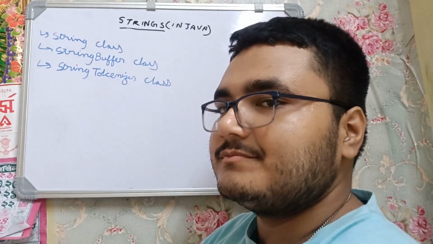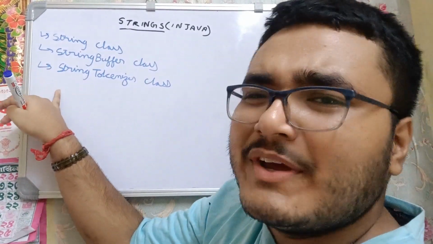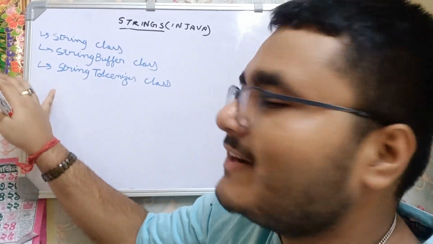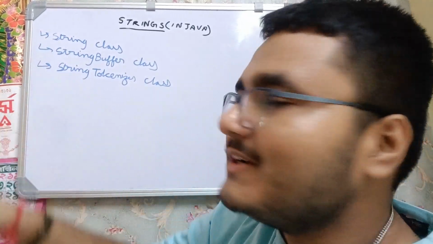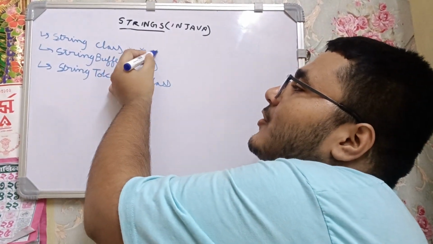Fine. So in today's lecture we will be specifically talking about the string class only, and the StringTokenizer class has not more than two to three functions that I will be discussing in upcoming videos.